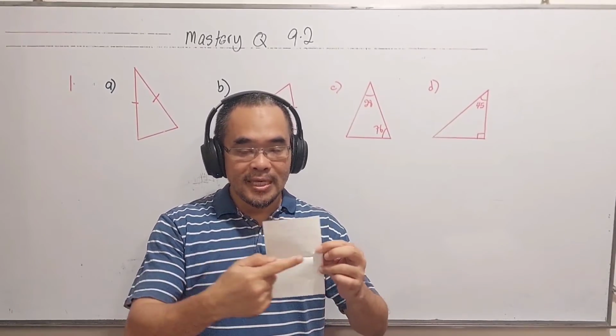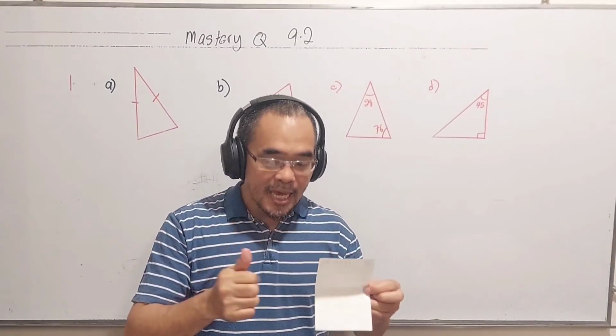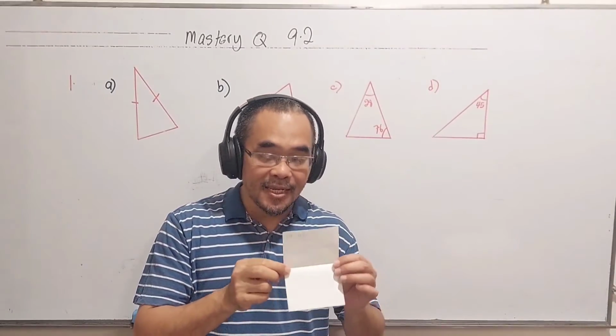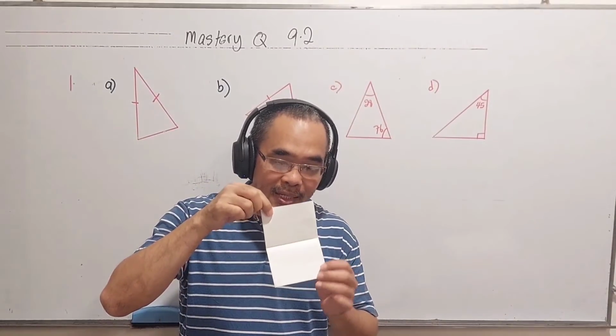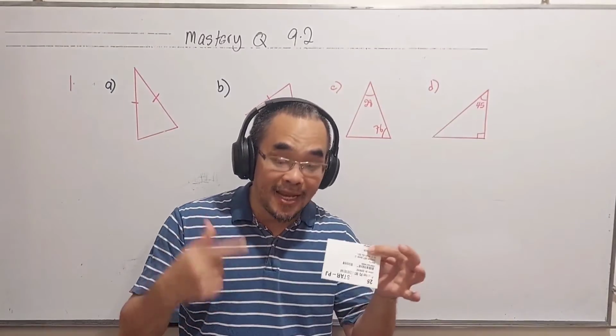Is this called a line of symmetry? Yes. First, it divides into two equal parts.